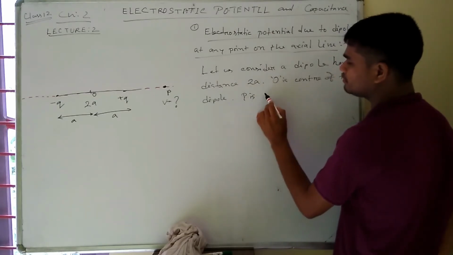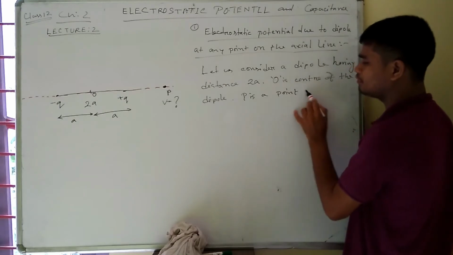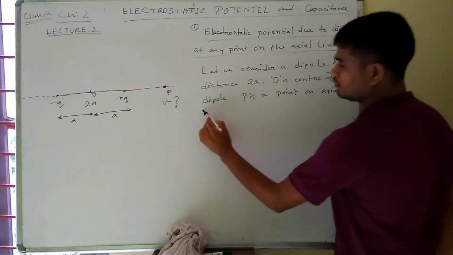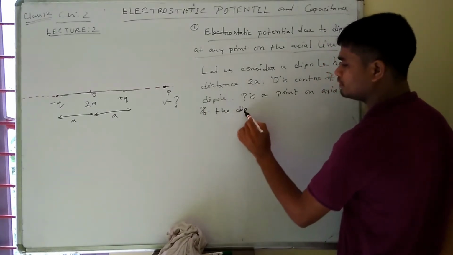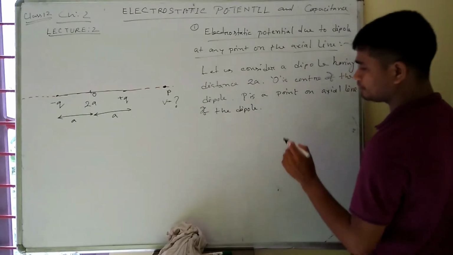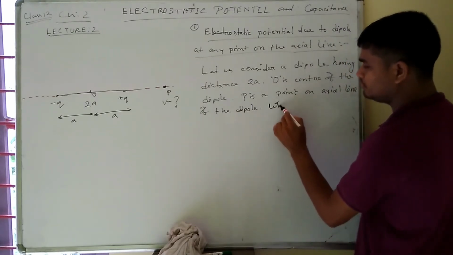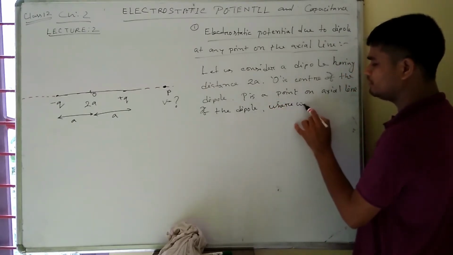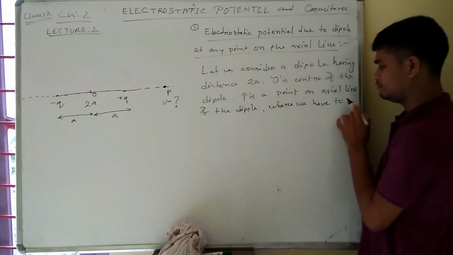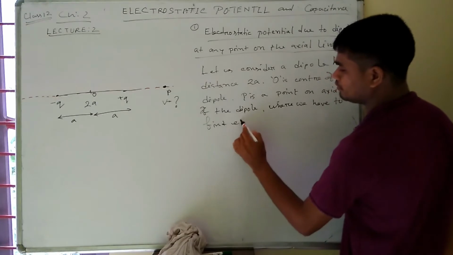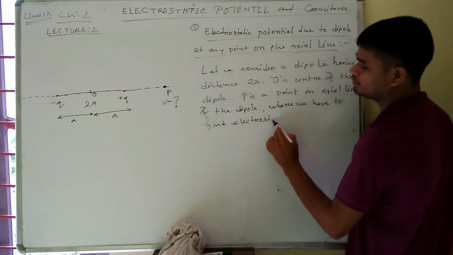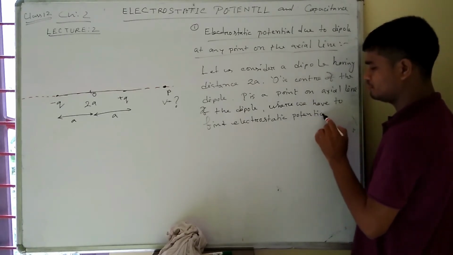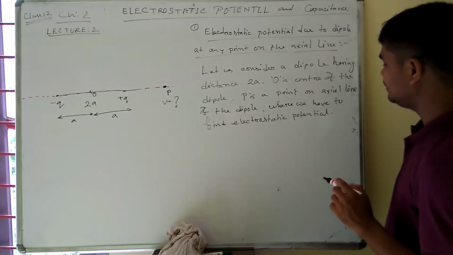P is a point on the axial line of the dipole, where we have to find the electrostatic potential.